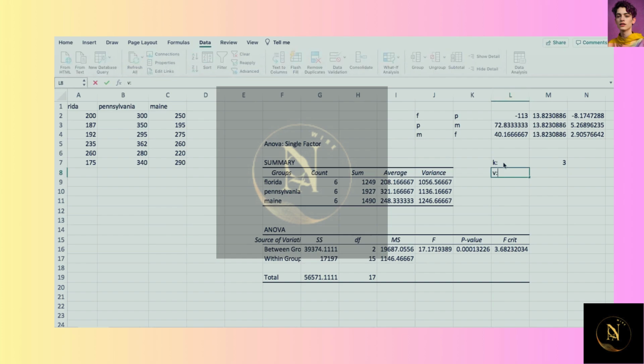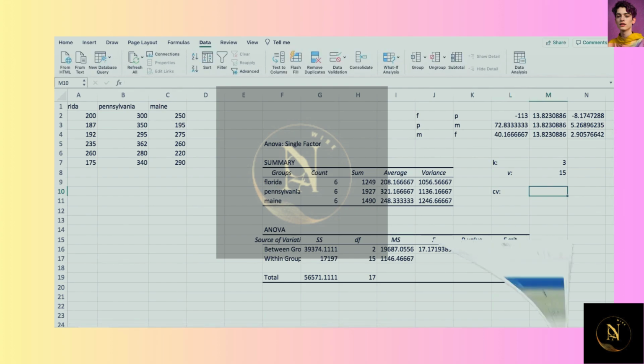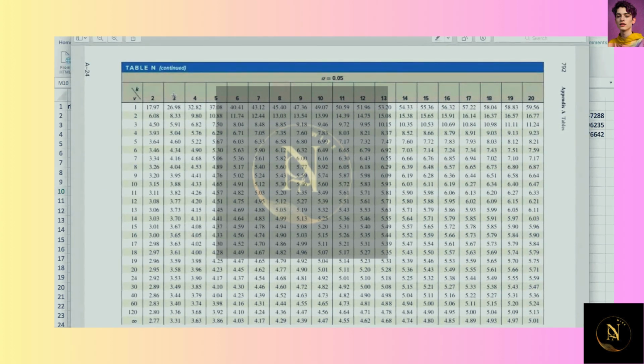And V is going to be our total population, so 6 times 3, which is 18. And we're going to subtract K from that, so it'll be 15. So let's go ahead to our q table, find our critical value. So 3 for K and 15 for V. That's 3.67.